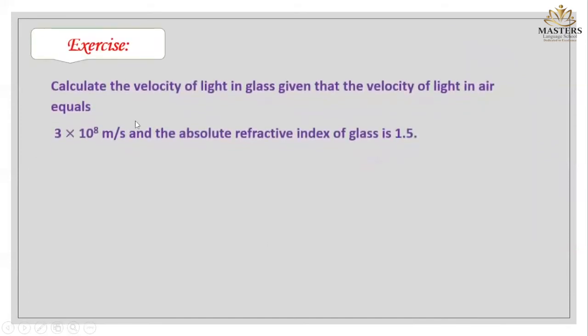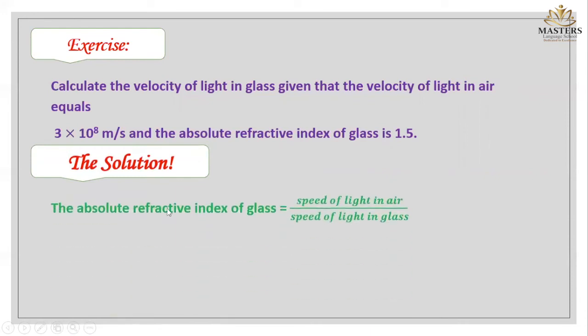Now we will take an exercise. Calculate the velocity of light in glass, given the velocity of light in air equals 3 × 10^8 meter per second, and the absolute refractive index of glass is 1.5.